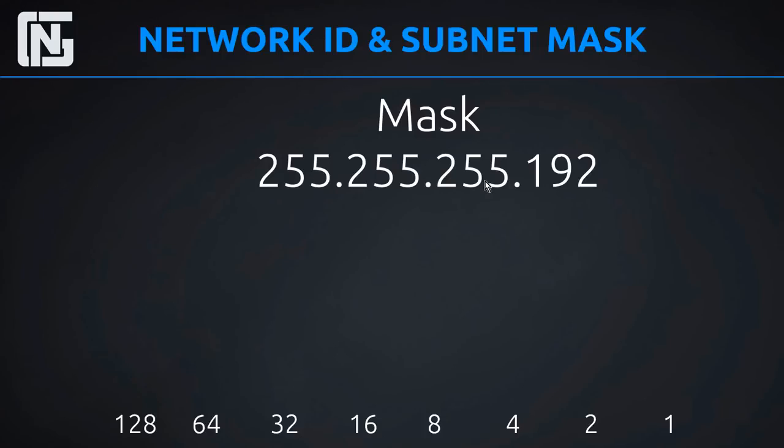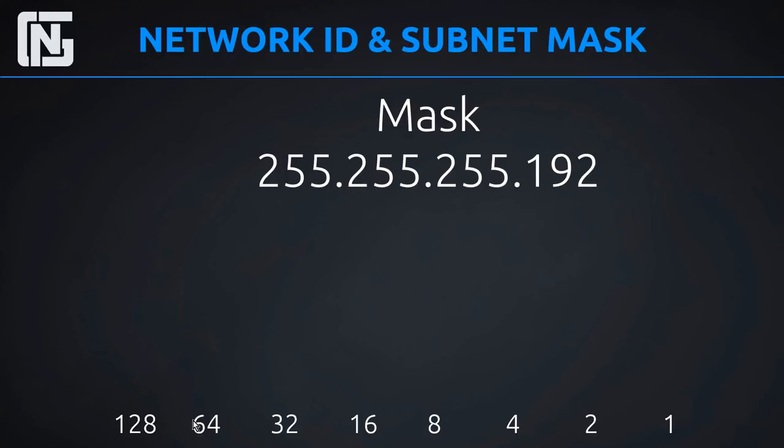So we knew all ones here, right? So this was 24, and then how many bits do we add from the last octet to complete what we know as our CIDR? And how many bits make up our subnet mask? Well, 128 plus 64 equals 192, and these are just 2 bits here. And with the subnet mask, it's always going to go from left to right when you're adding it. So it's super easy to know any octet you're going to add left to right like that for your mask. So 128 plus 64 equals 192.